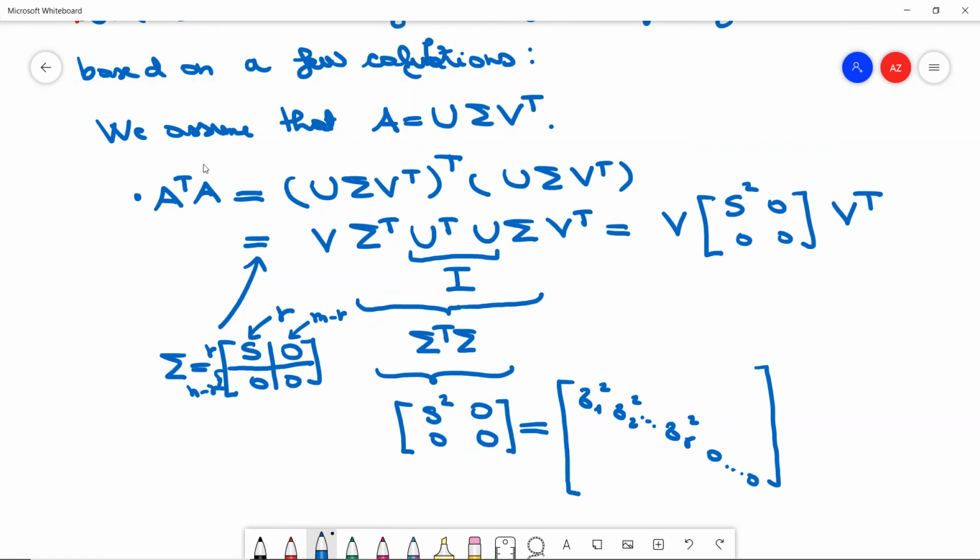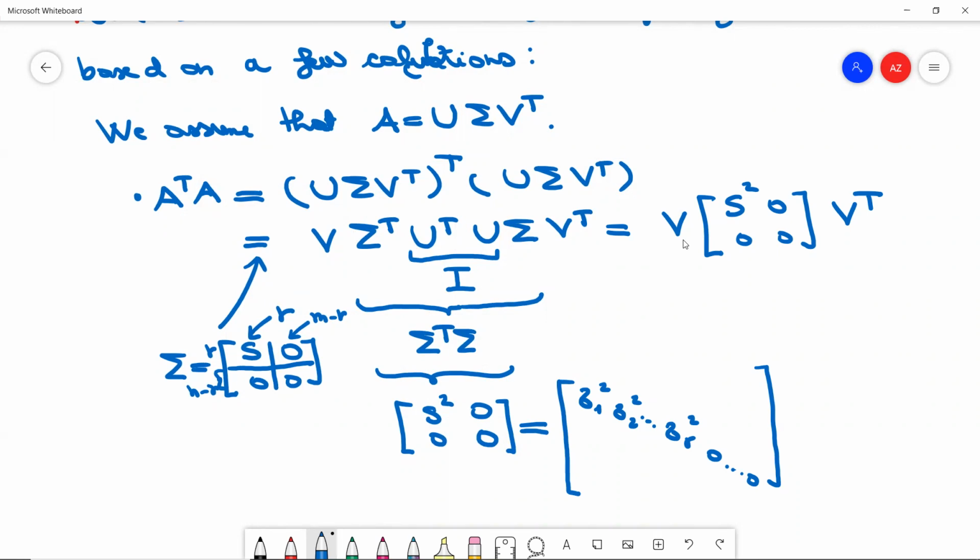And here we have the decomposition of this symmetric matrix into V times a diagonal matrix times V transpose. And this means that the eigenvalues of this matrix are exactly the elements on the diagonal of this middle matrix. And the eigenvectors are just the columns of V.